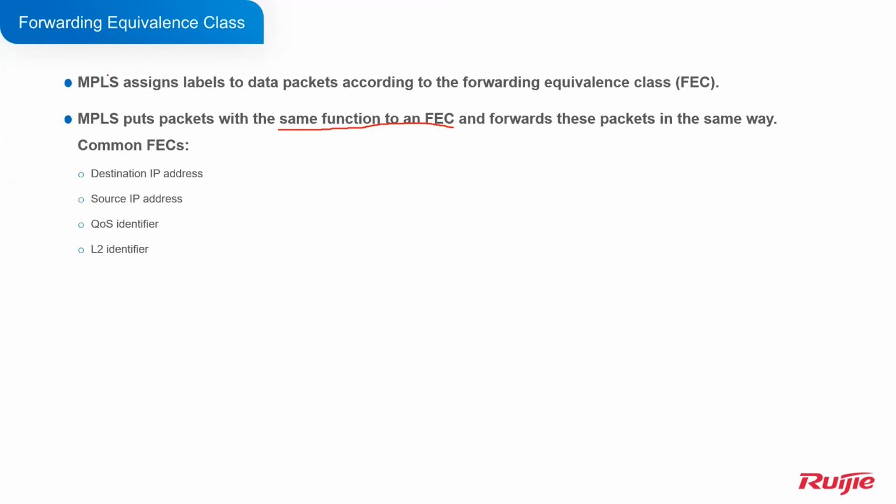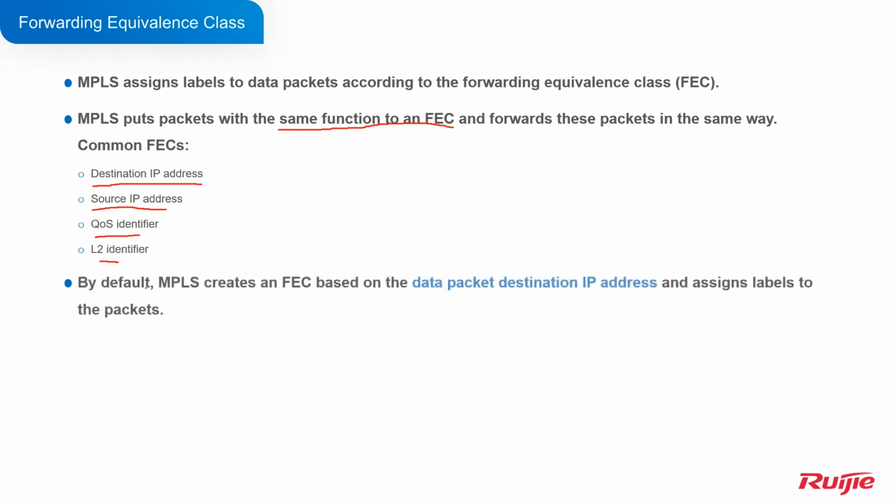Some common FECs are based on the same destination IP address, and we will use the same label. Or maybe the same source IP address, or QoS, or some layer 2 identifier.